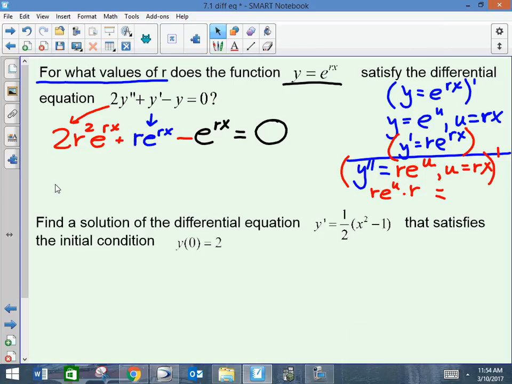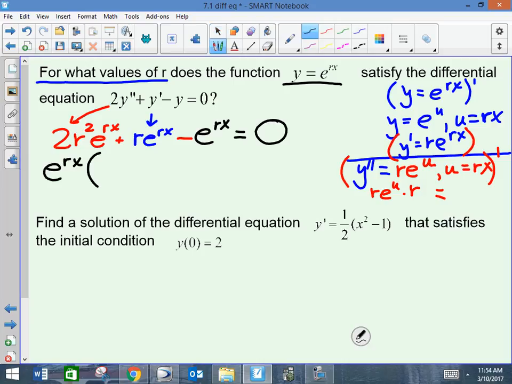It's not that rough. It looks weird because you got a lot of weird things going on. Calculus at its finest. Okay, what can we do to make that a little easier? Factor out what? E to the rx. Nice. Okay, so what's left? 2r squared minus 1 equals 0?